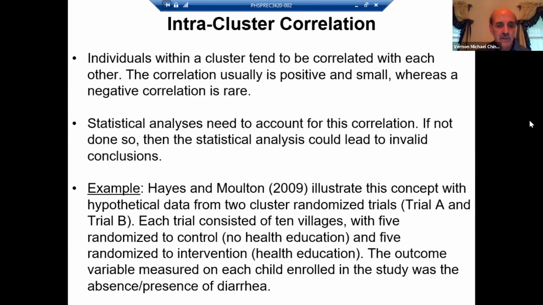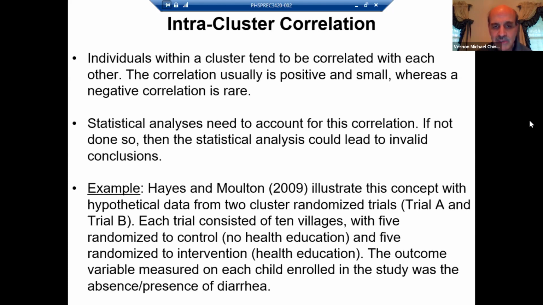So as I mentioned previously, individuals within a cluster tend to be correlated with each other. A lot of times it's a small correlation. We're not talking about some huge correlation, but even a small correlation can have some impact on the validity of your analytic results if you don't account for it, right?